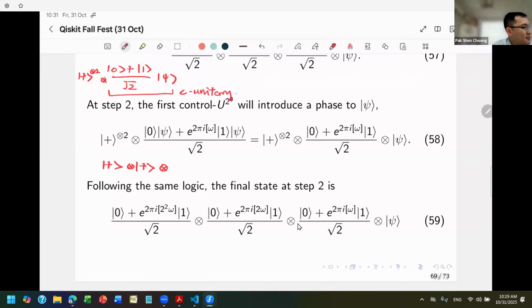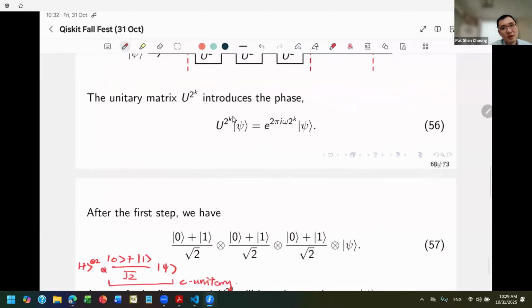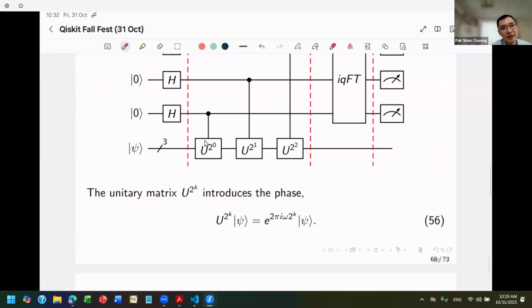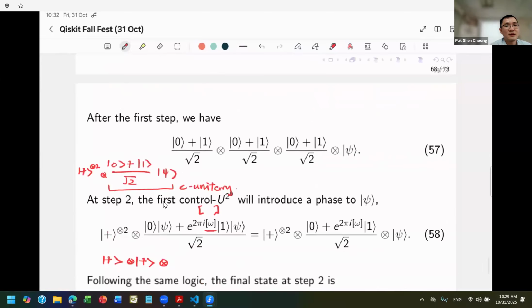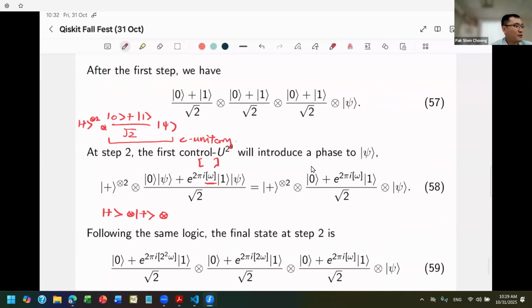So the phase here, I put the square bracket. Later on, you see why. But this will be the phase that you introduce. And you can see that even though your control unitary acts on sine, it actually does nothing to sine, right? Both terms contain sine, so you can factor out sine effectively.